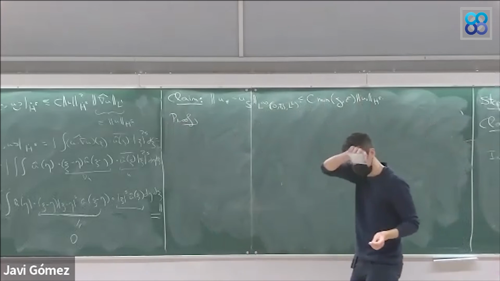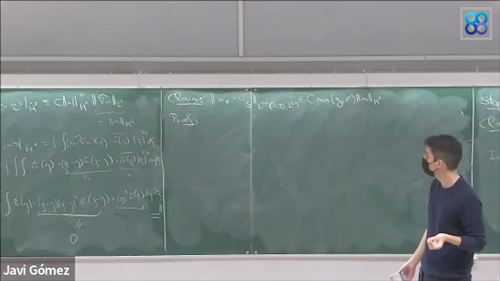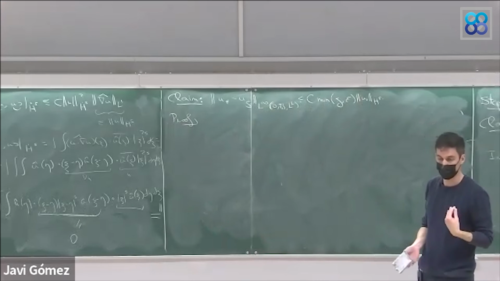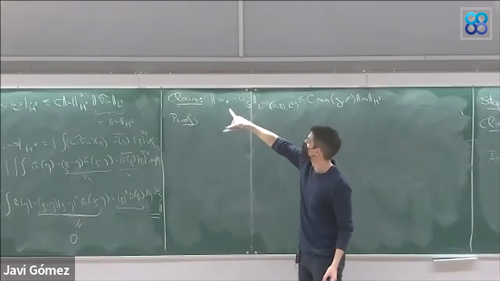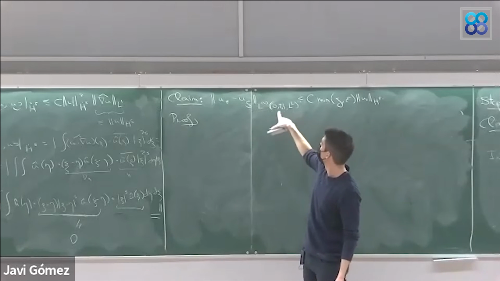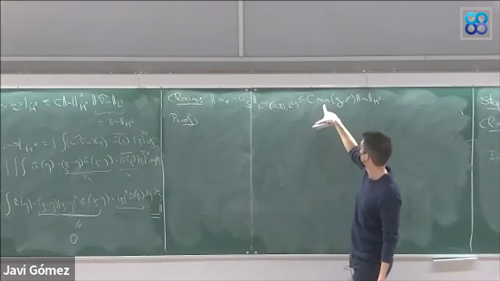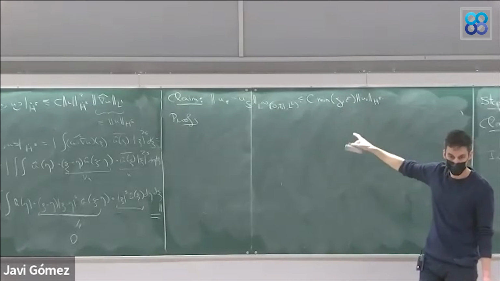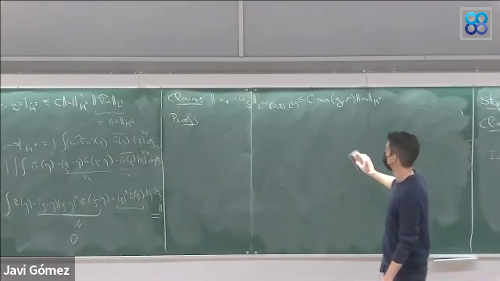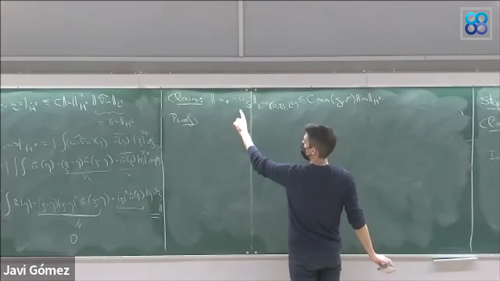So it's just performing the estimate and using all the regularity properties that we have before. Here it says U epsilon minus U delta in this space is bounded by the minimum of epsilon delta times the norm of the initial data. So I will estimate this difference here.